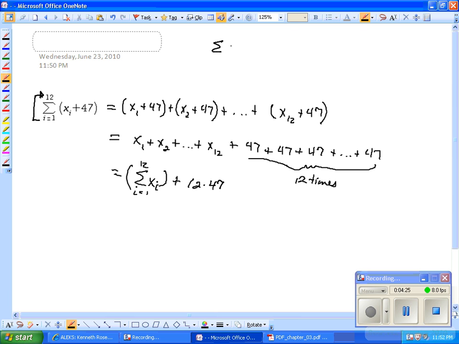If you have the sum from 1 to n of the xi's plus k, where k is some constant, then your answer is k times n plus the sum of the xi's as i goes from 1 to n. Okay? If you don't understand that notation, then you'll understand this. Keep that in mind. 12 times 47.